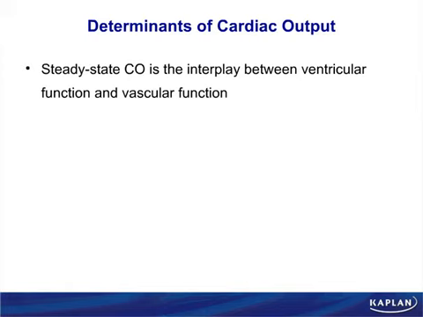The reason for that discussion of venous return is that venous return represents vascular function. Steady state cardiac output is not just about the heart. We discussed ventricular function in section 4, but cardiac output in the body, in vivo, is ultimately influenced by both ventricular function and vascular function.